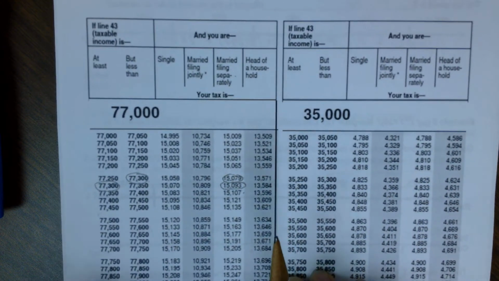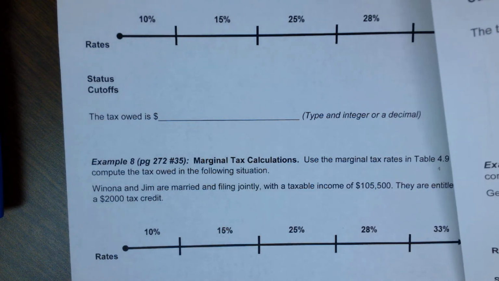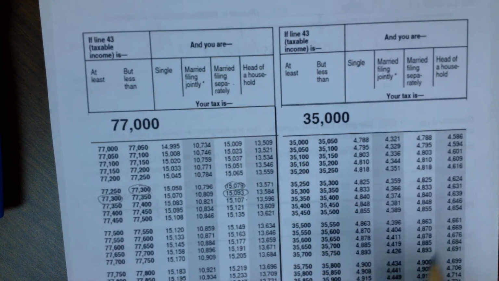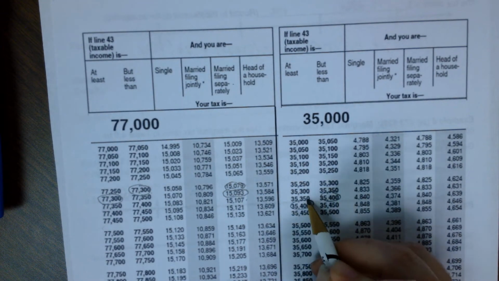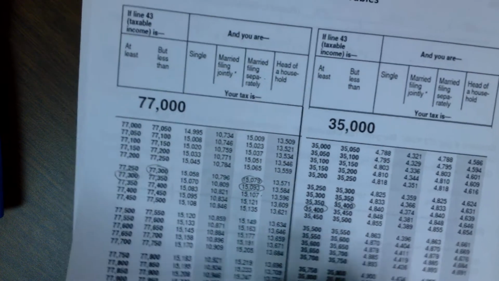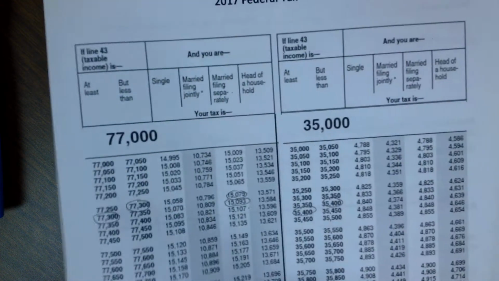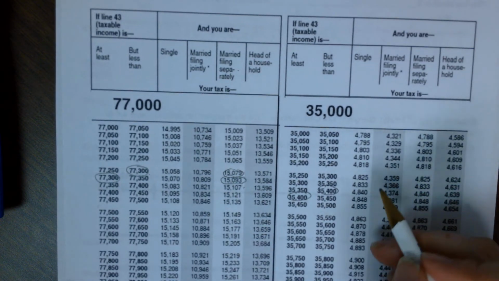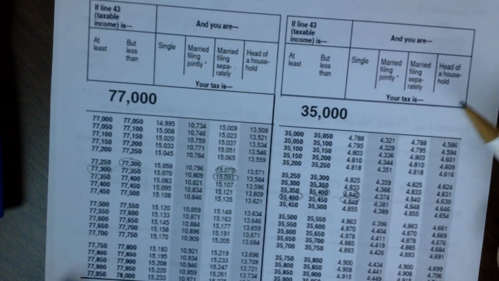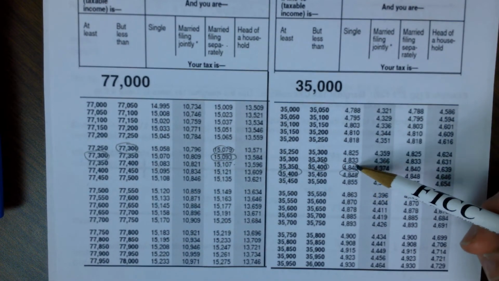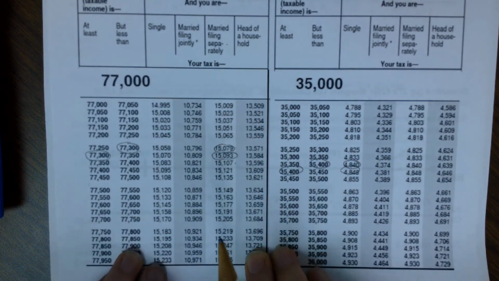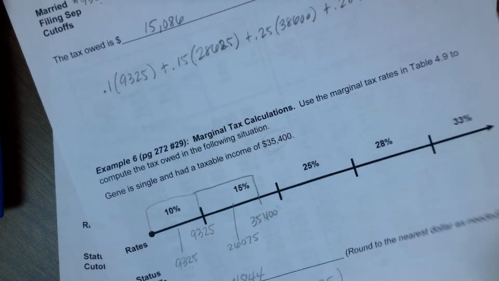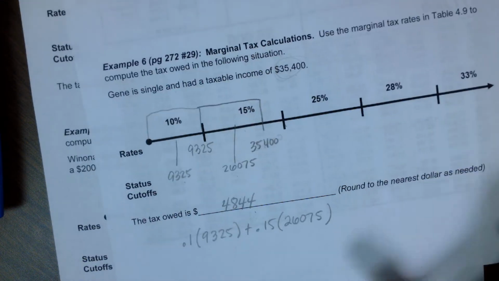Now for the other one, we said the taxable income was 35,400. So I find 35,400 here, and this person was single. So we'd be looking at these two numbers, and the tax should be between these, 4840 and 4848. And we said it was $4,844.